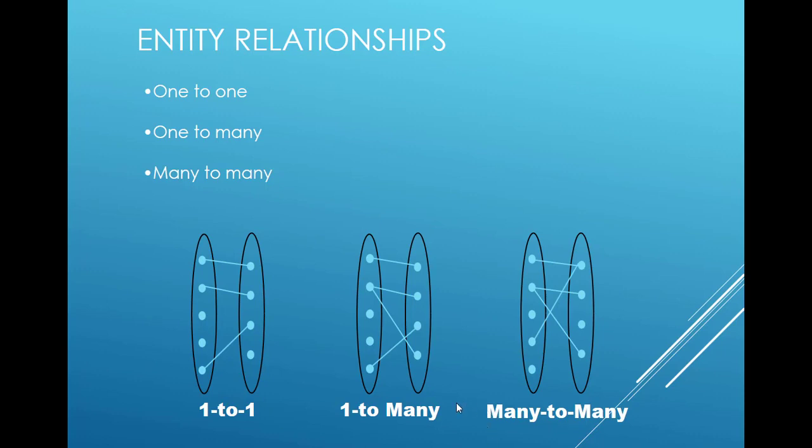Now, most of the entities in any relational database are going to have a one-to-many relationship. And a one-to-many relationship really means that for each record in the primary entity, like we have on the left, that is going to be related to many instances on the right. You could also say that for each record in the primary entity, there can be many associated records in the secondary or child entity.